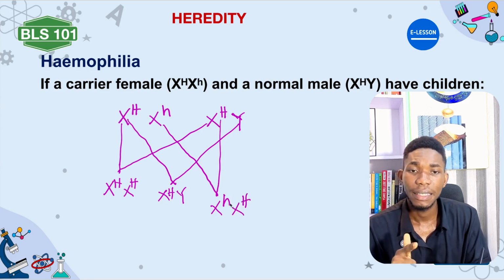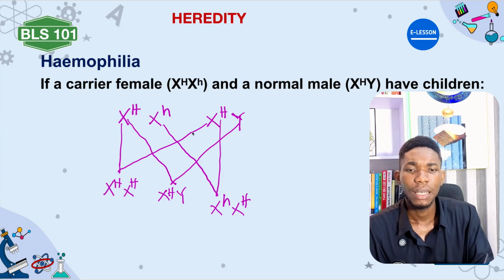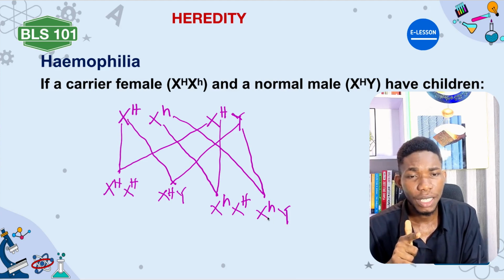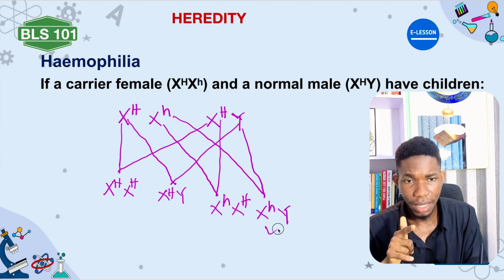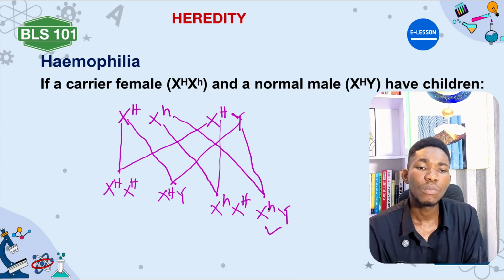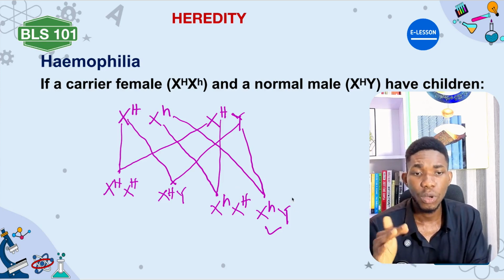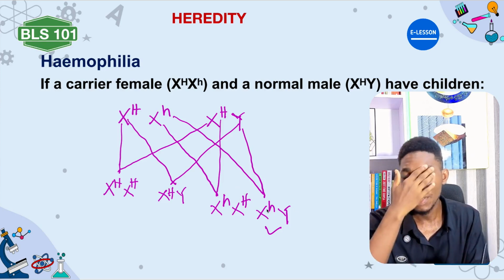And one hemophilic male. This is the only person who is hemophilic among these, because the only X chromosome present is hemophilic. Big H means it's normal, not hemophilic. Small h means what? Hemophilic. Are you getting the idea now?